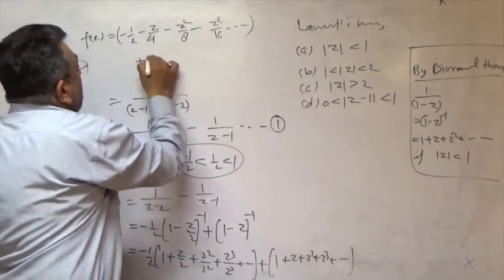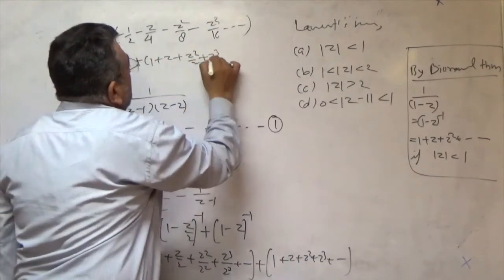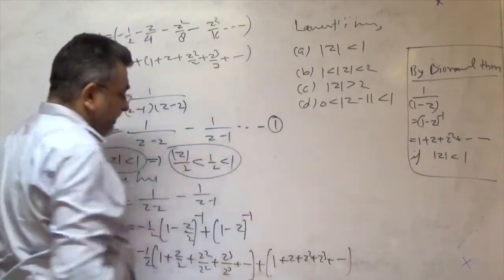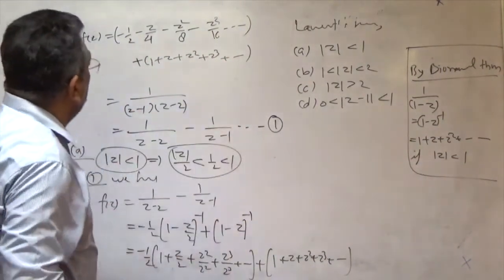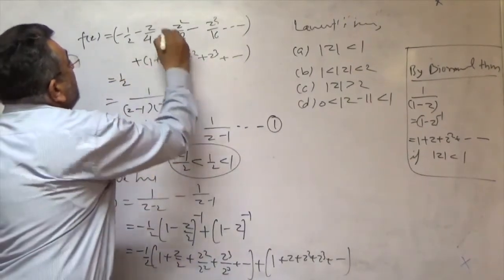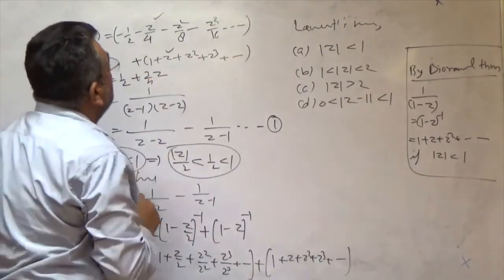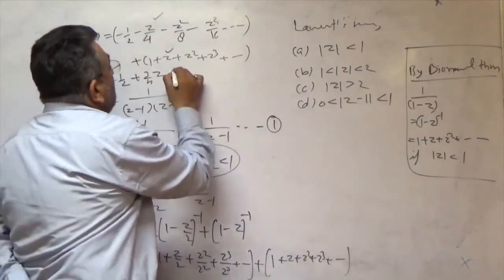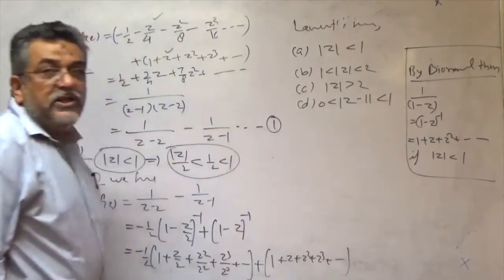In second bracket, 1 plus z square by 2 plus z cube by 3 and so on. You calculate 1 minus half is equal to half. z, this is equal to 3 plus 3 by 4 z. This is again 7 by 8 z square and so on.